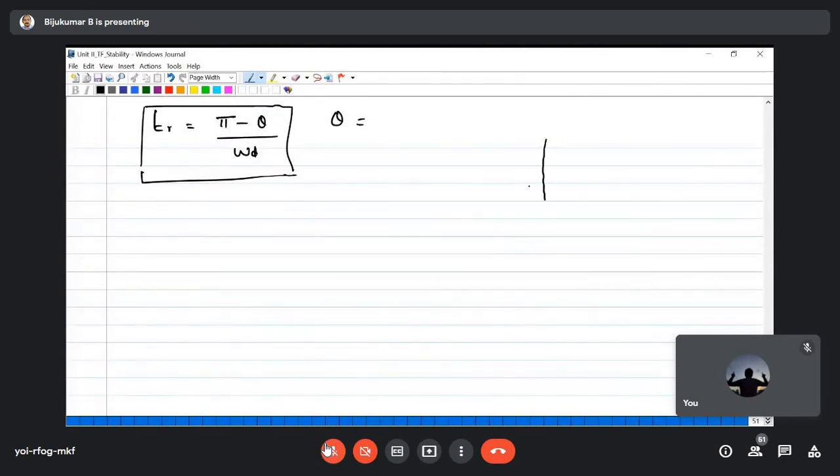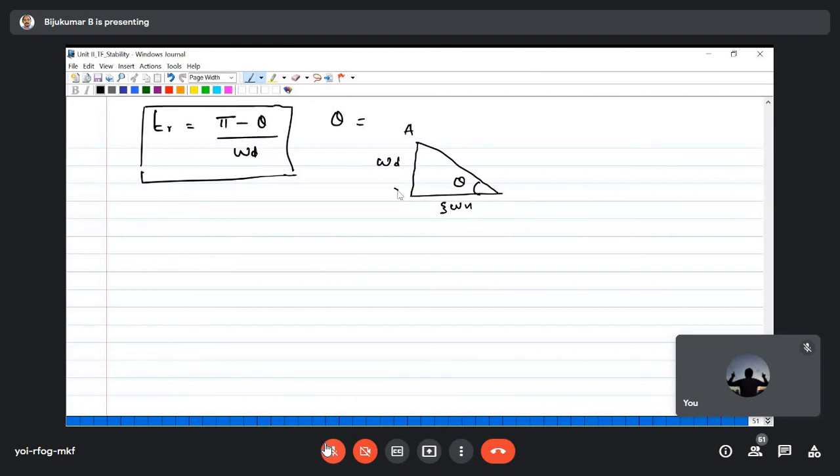So I have a triangle like this. This be theta. This is zeta omega n. This is omega d.